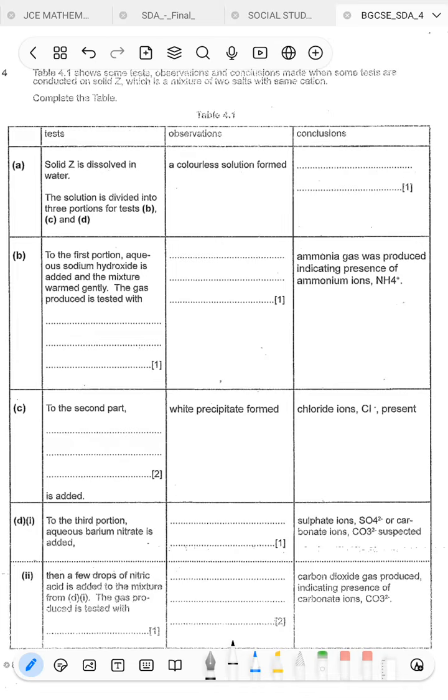So therefore we can say our conclusion is that solid Z is soluble in water. That's the conclusion we draw from this observation.